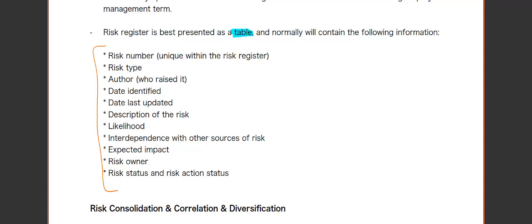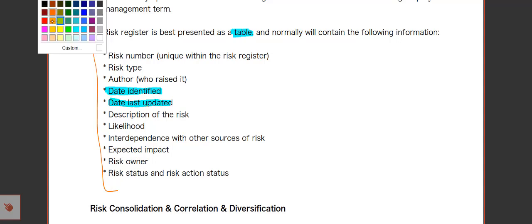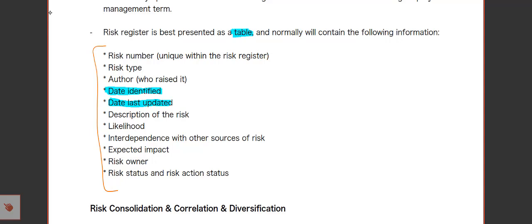Now, we normally will record when the risk was identified and when the risk was last updated. This is actually very important information, because usually we know risks change now and then.